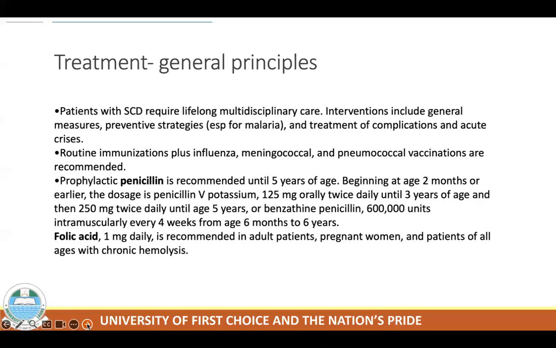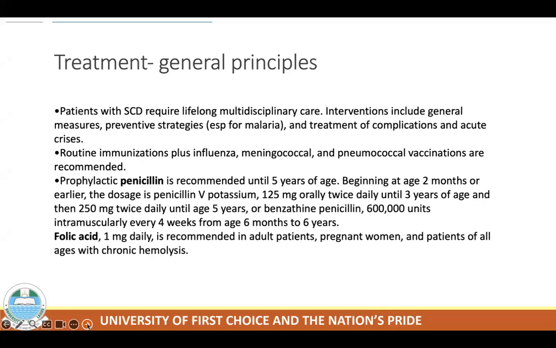For such patients, routine immunization will include immunization against influenza, meningococcal, and pneumococcal vaccinations. Prophylactic penicillin is usually recommended beginning at 2 months or earlier until 5 years of age, right? Penicillin is usually given every 4 weeks, that's every month, through to 5 years.